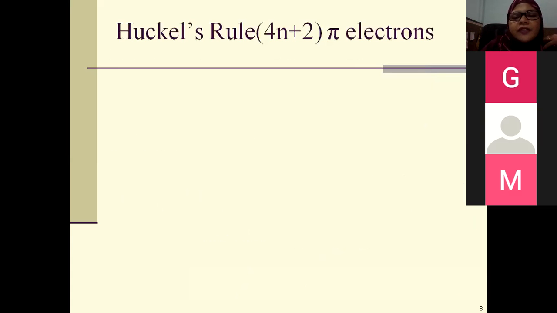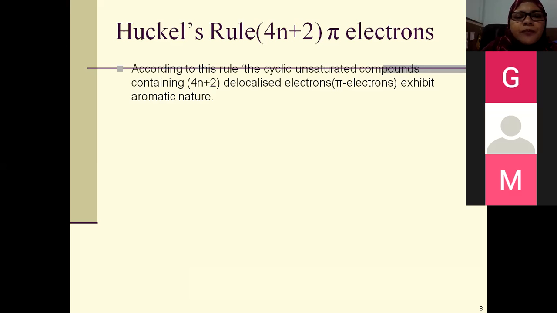Okay, so we have seen the four important criteria for becoming an aromatic compound. Now we will see in detail what is Huckel's rule, because this question can be asked in the exam: define Huckel's rule with some example. So Huckel's rule is nothing but 4n+2 pi electrons, where n is an integer: 0, 1, 2, 3, 4, 5.